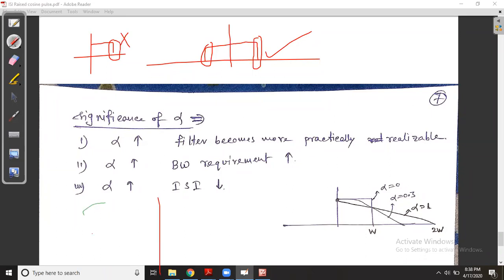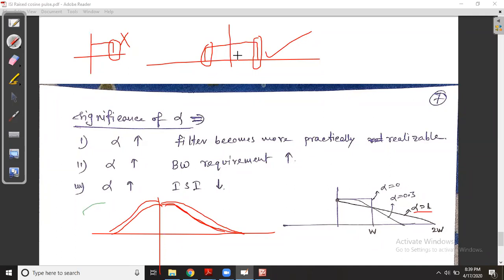Always, if some transition nature is there, it is possible to generate. So how will we get that transition nature of the pulse? As we are increasing the roll-off factor value towards 1, as we are increasing the value of alpha, only then will we get this kind of transition, instead of a sharp cutting brick wall pulse.